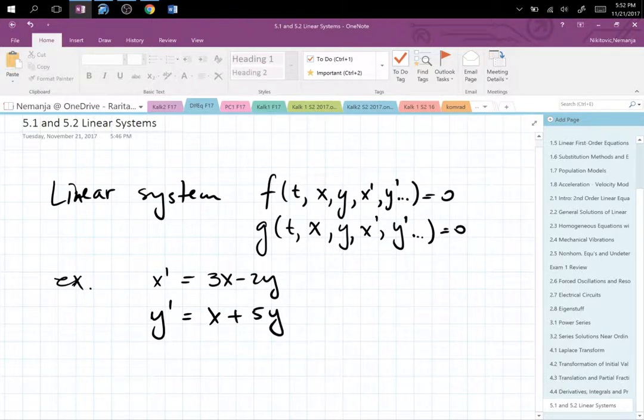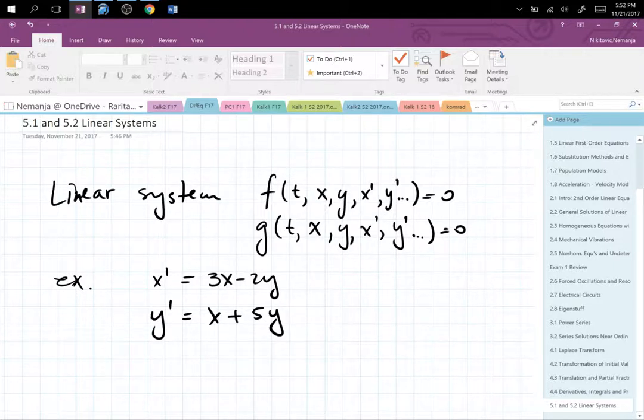So this is a linear system of two first-order linear differential equations, and we are going to learn how to solve this in this chapter. Again, applications are many, so you have the application, then your application would spell out these type of equations, and then we learn how to solve them.